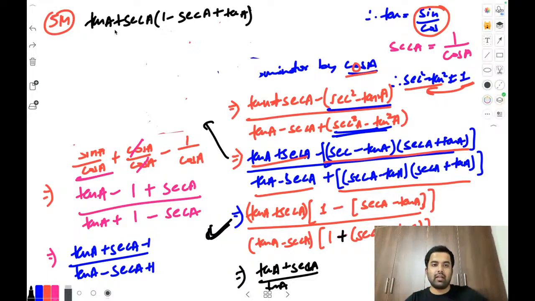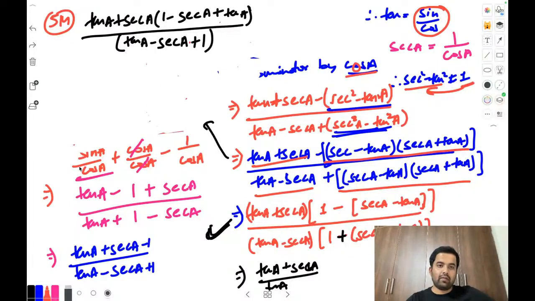Divided by, below part is remaining: tan A minus sec A plus 1. Here, if you see, we can cancel these two parts. Same parts are there. Remaining is tan A plus sec A.